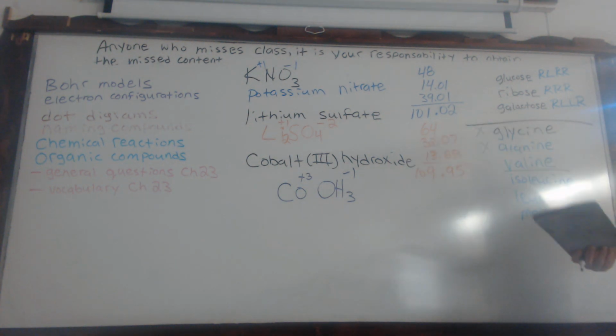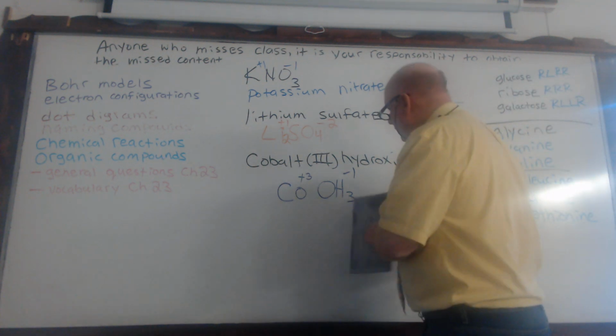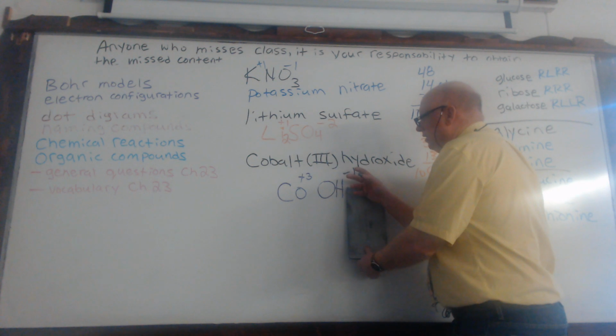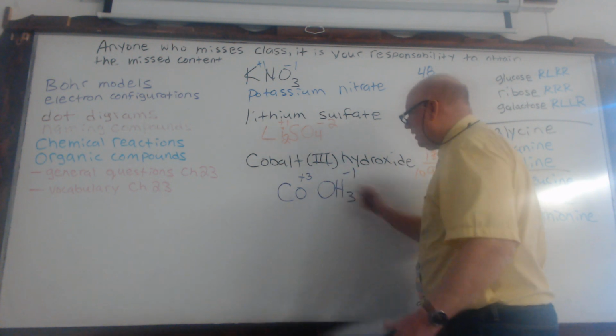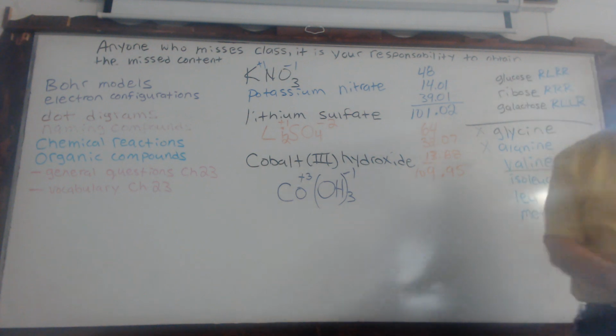Is that correct? We have to put parentheses around the OH and the 3 outside it. Yes, that is correct, because remember, this is one hydroxide ion with a charge of -1, but we want 3 of them. So we have to do that. Now we've got that written correctly.